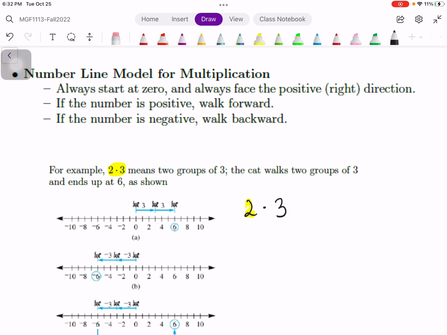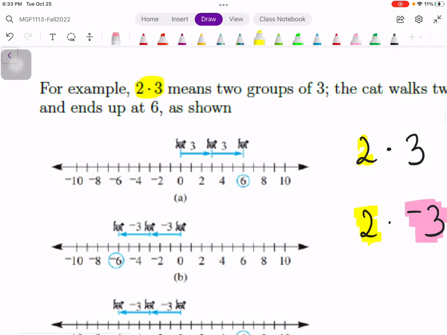Now, what about 2 times negative 3? So if one of the numbers is negative, then put that negative number at the end, and since the other number is positive, think of it moving twice 3 backwards, because -3 means you're going backwards. So look at this cat here. The cat went 3 units backwards twice.